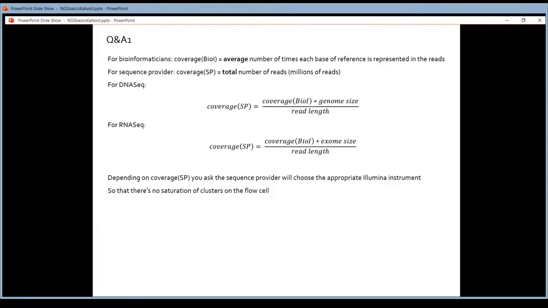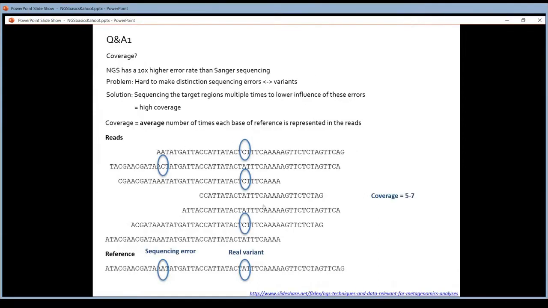How can you calculate what you need here? There are formulas that allow you to calculate the coverage that you have to tell your sequence provider. That's what you see here. For DNA-seq, it depends on the genome size, on the length of your reads, and on what coverage you want.